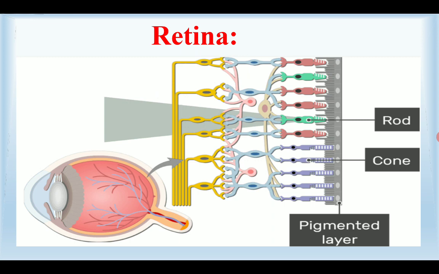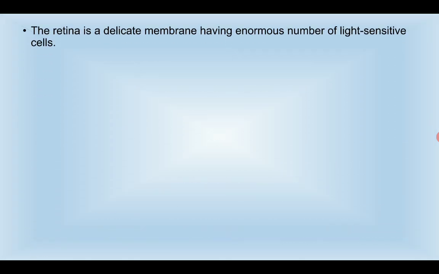These rods and cones are embedded on the pigmented layer. They are basically responsible for the intensity of light we see, and the beautiful colors we see around us. So these are because of these rods and cones.